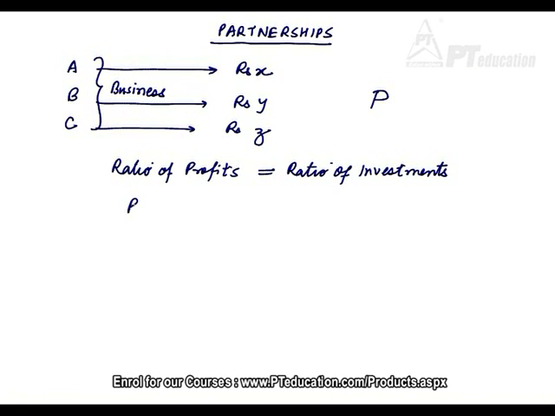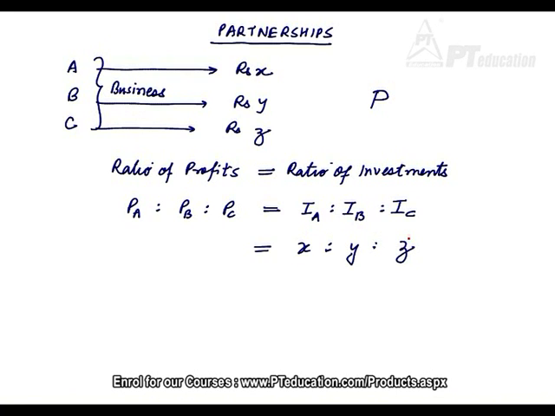Thus, at the end of the year, profit for A is to profit for B is to profit for C will be equal to the ratio of investment of A is to investment of B is to investment of C, which in this case is given to us as X is to Y is to Z.